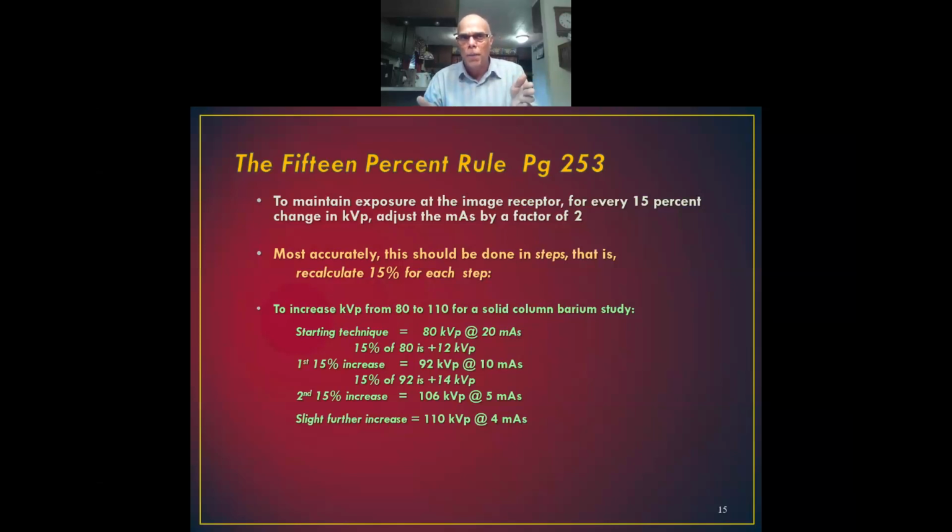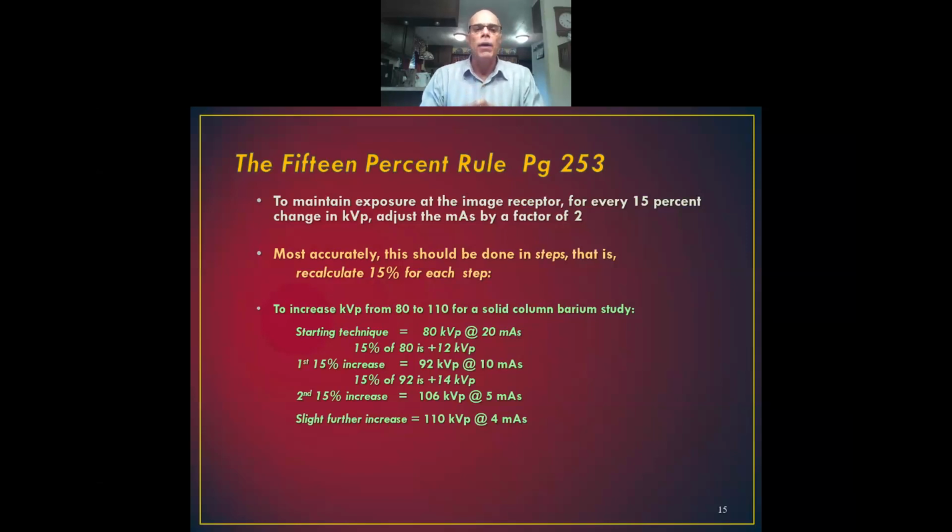Notice those are going in opposite directions. As kVp goes up, your mass is going to go down to 1/2. If your kVp is going to go down, we're going to double the mass. So we're going to multiply mass by a factor of 2, or we're going to divide the mass by 1/2, depending on which way we go with the kVp.